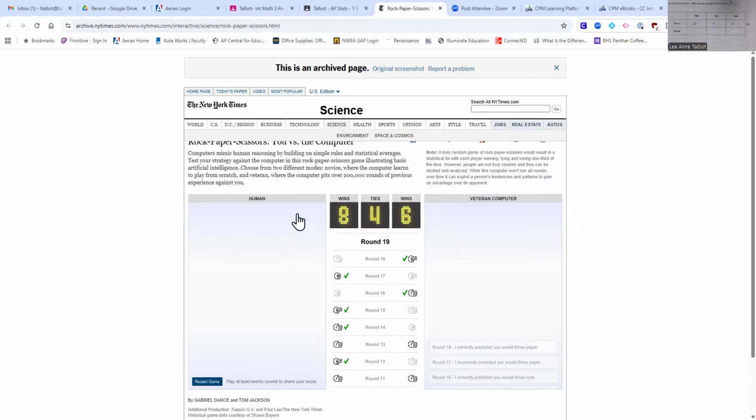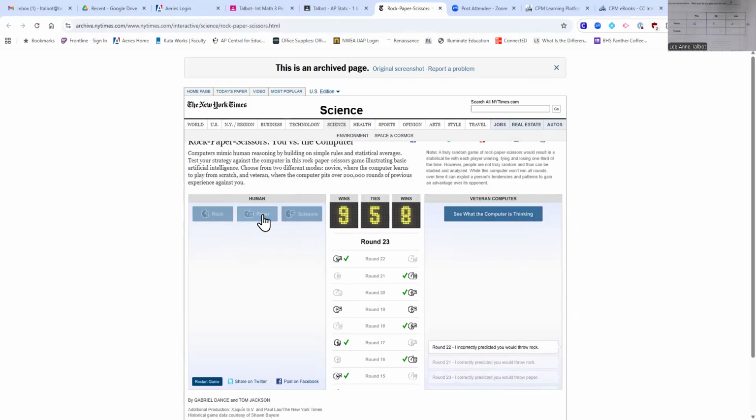We got three again. None of them even had it. So it says rain clouds.